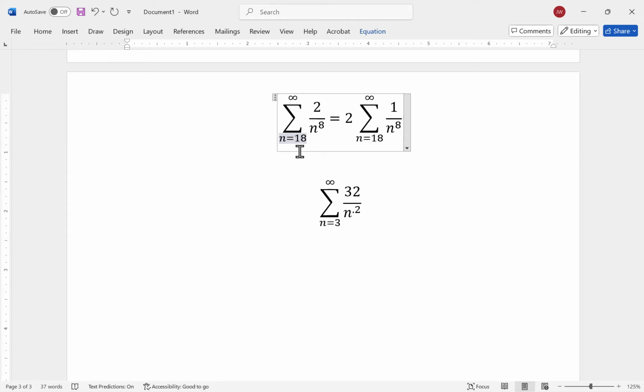Or subtract off 17 terms, it still converges. So since the first 17 terms are finite, it's not going to affect whether it converges or diverges. By the way, if it diverges, then it's going to infinity. So subtracting off 17 terms from infinity doesn't change anything. It's still going to be infinity.